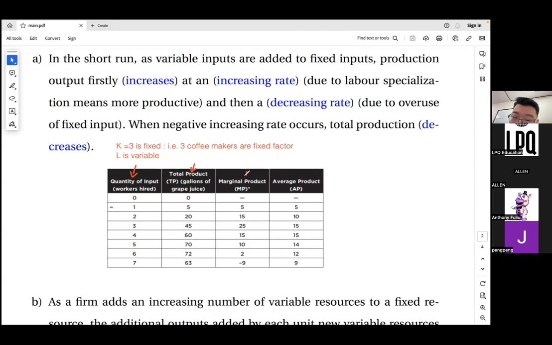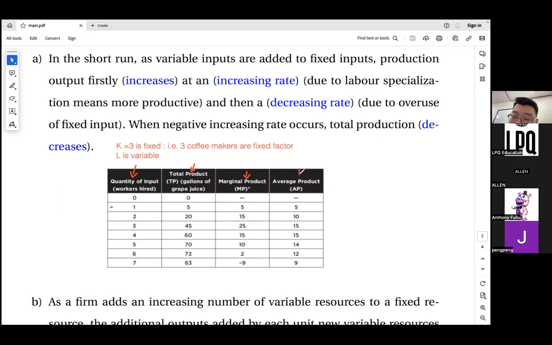What is marginal product? Marginal product is the additional products you can produce by hiring just 1 more unit of labor. That is called MP, marginal product.